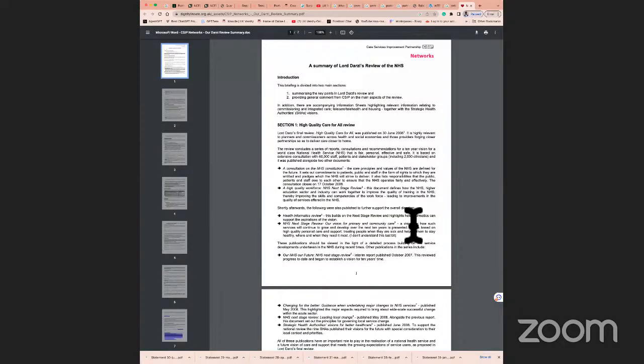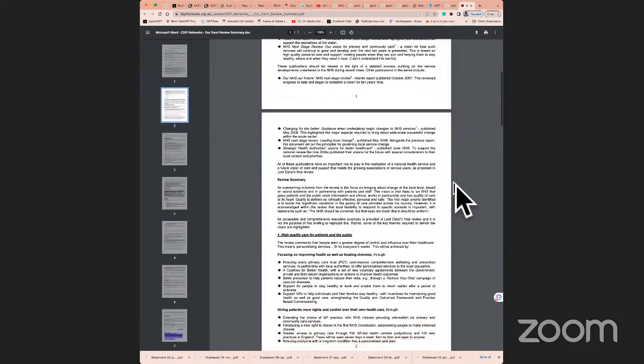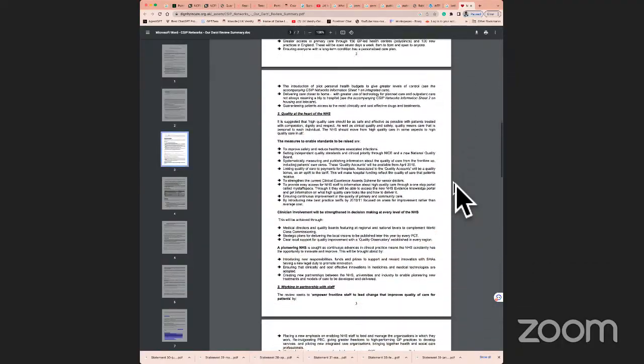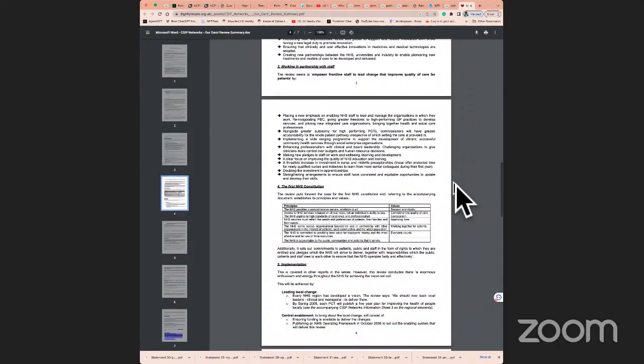Now, the report is 180 pages long, but there is a good summary of this report available, which I am also going to make available, and which I would suggest that you read. Again, it will show you why the concept of PCA was incorporated into the NHS.